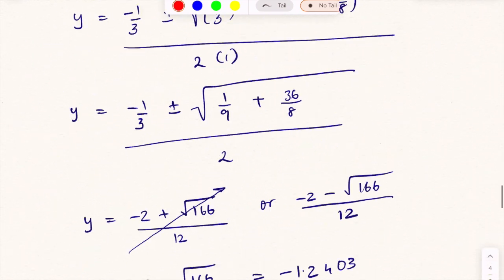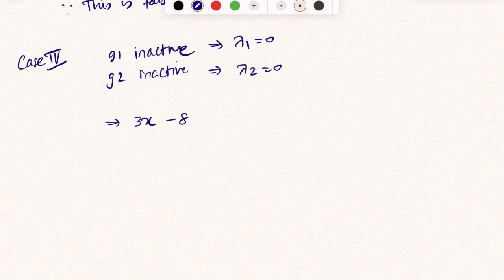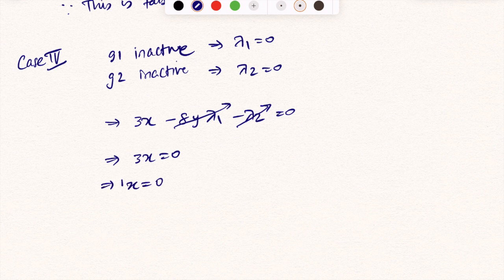So kind of scrolling back down. Using 3x minus 8y lambda 1 minus lambda 2 equal to 0. As you established, both constraints are inactive, so lambda 1 and lambda 2 are 0. And so these both are equal to 0. 3x equal to 0, which means x is equal to 0.